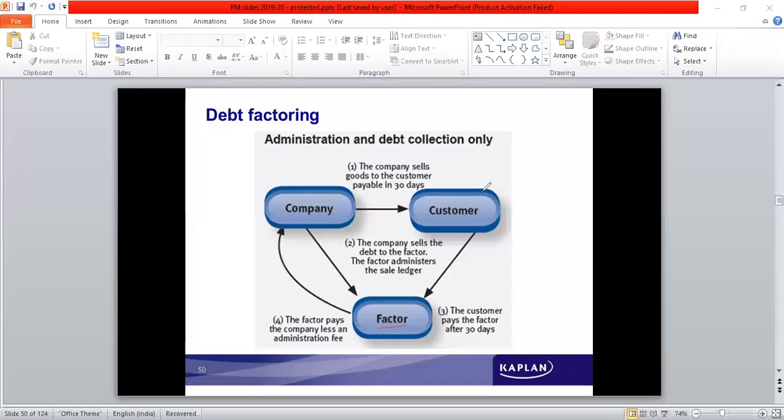The second advantage is they can also meet their liquidity requirements because there is a third party called a factor present there. As and when the invoices are presented, at least a percentage of the amount is received from the factor. So they can also meet their liquidity requirements.